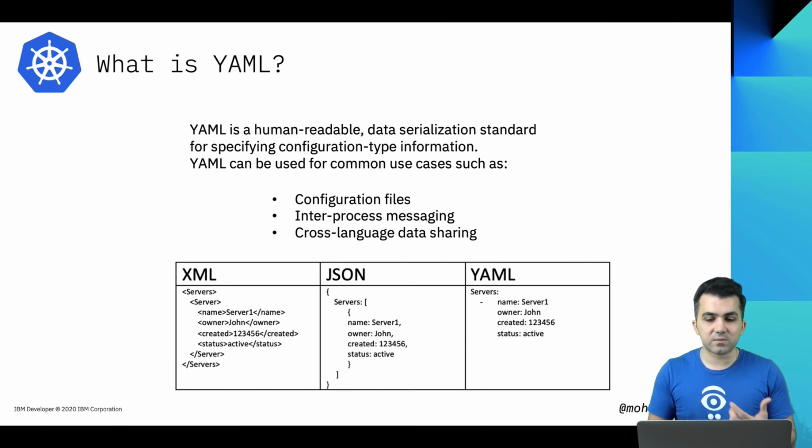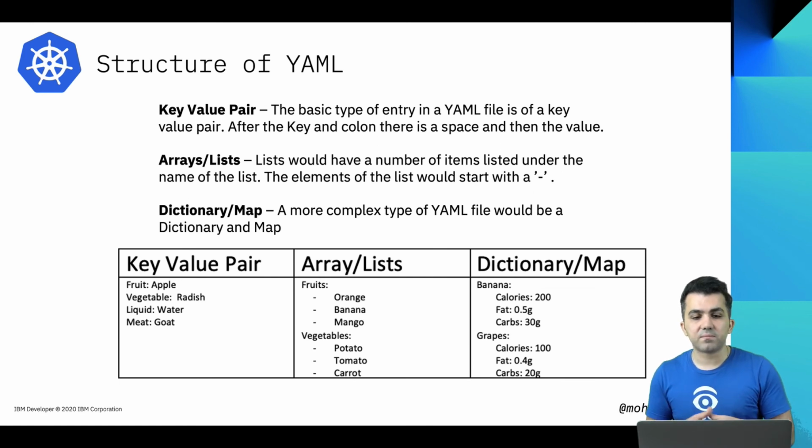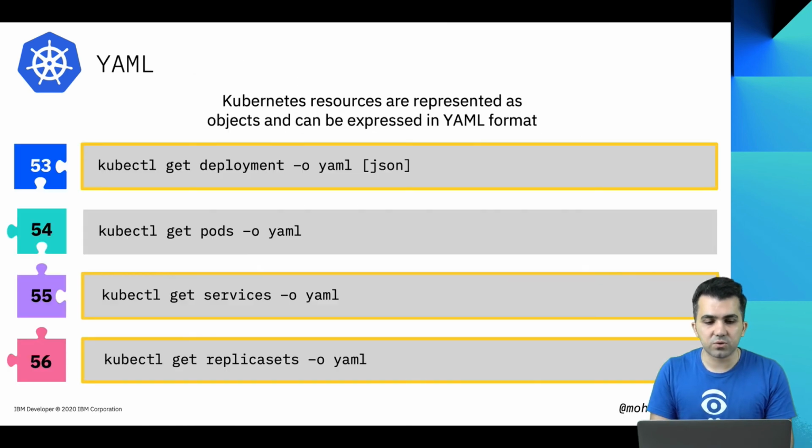You just need to use the spaces to define where you are compared to your keys and values. The structure of YAML is key value pair. You get arrays and lists as well. You get dictionary and map, and that's how you can define your resources and your desired states, as we're going to show you shortly.